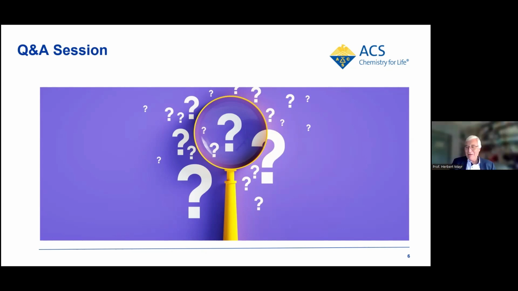Well, I can just refer to an essay which I published in Angewandte Chemie about 10-15 years ago. The title of this is A Farewell to the Hard and Soft Acid-Base Treatment of Ambident Reactivity.